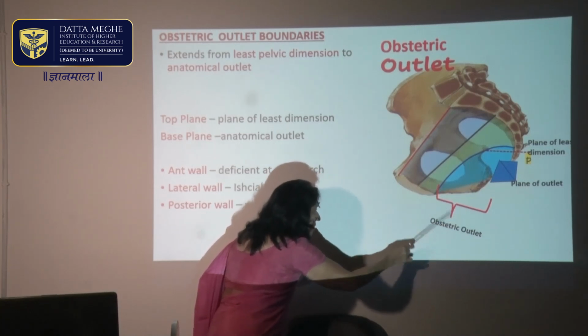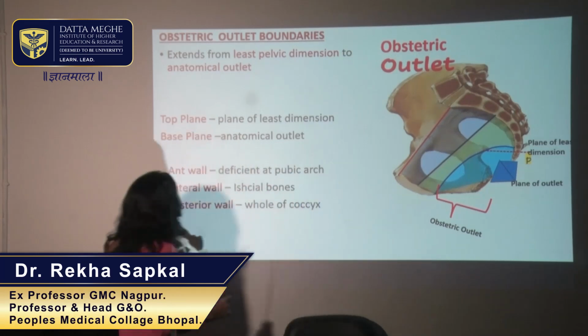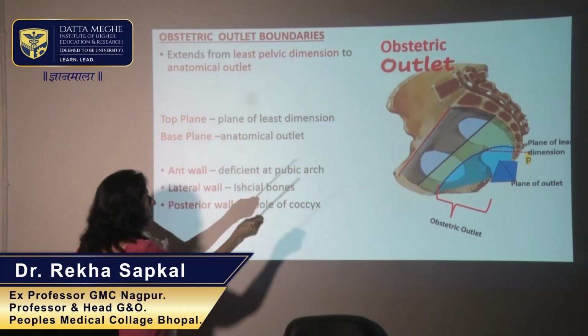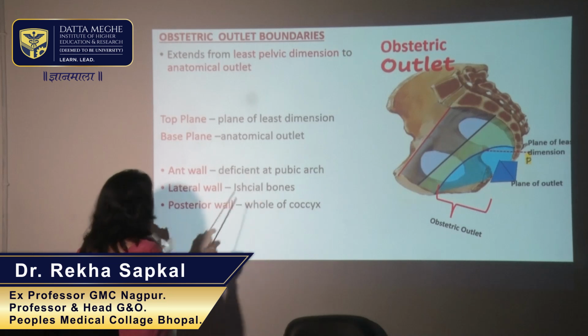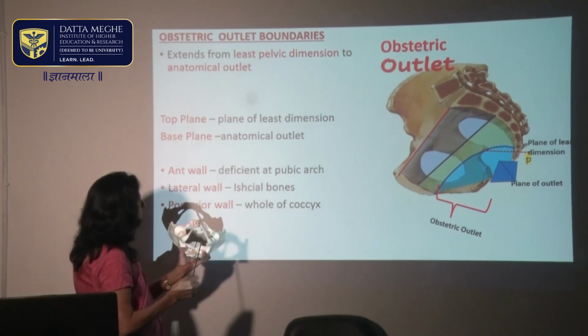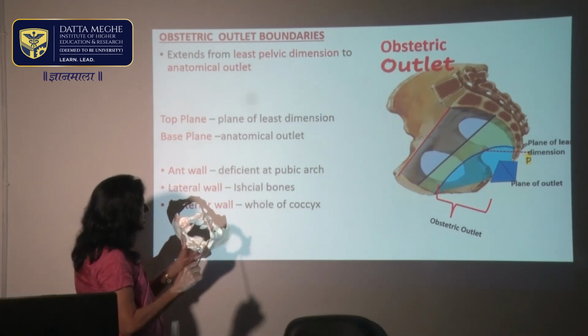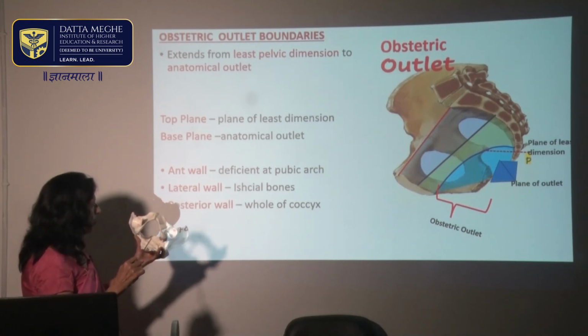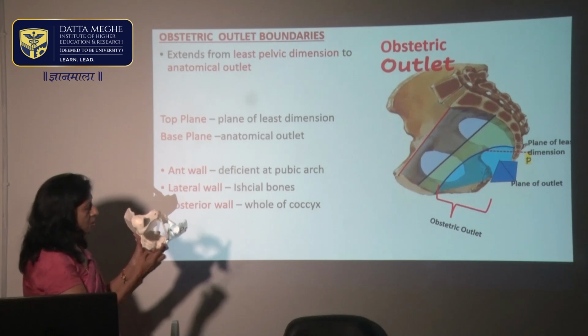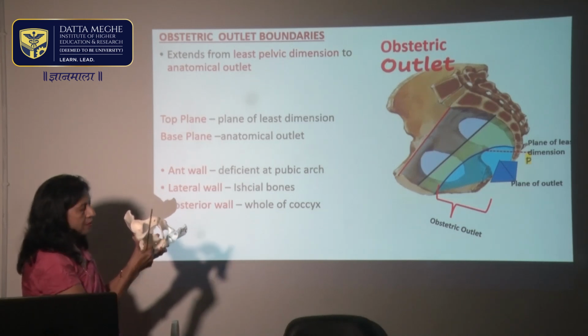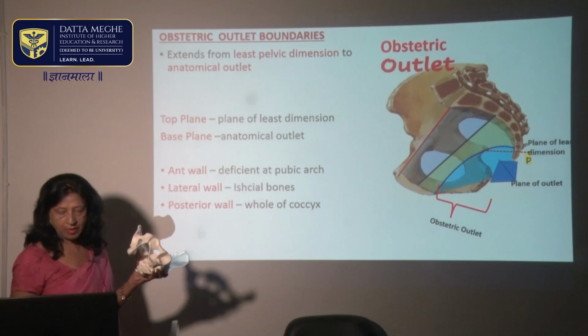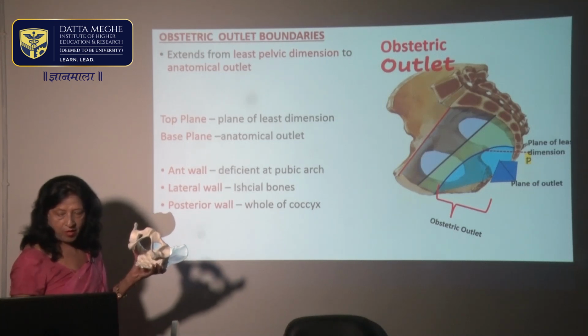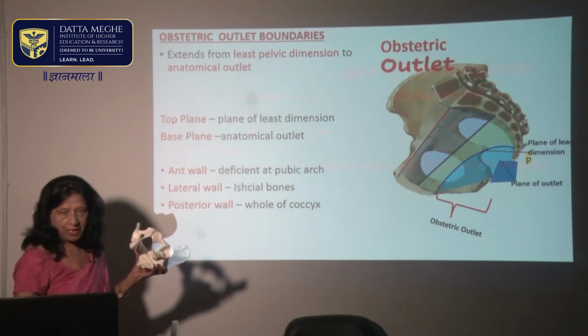So, this chamber is the obstetric outlet. Anteriorly, the wall of this chamber is deficient with the pubic arc. The lateral wall is the ischial spines and ischial bones on either side, and the posterior wall is the whole of the coccyx. These are the boundaries of the obstetric outlet.